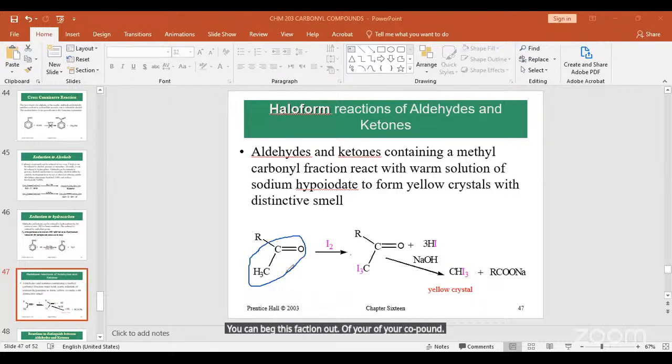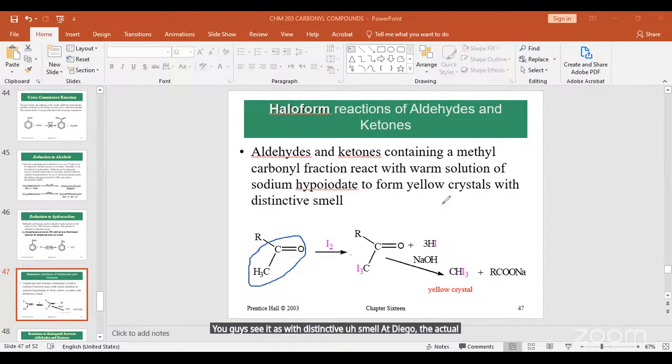As long as you can make this CH3C=O out of your compound, then such carbonyl compound will give positive iodoform reaction, and we usually see it as a yellow crystal with distinctive smell at the end of your reaction.